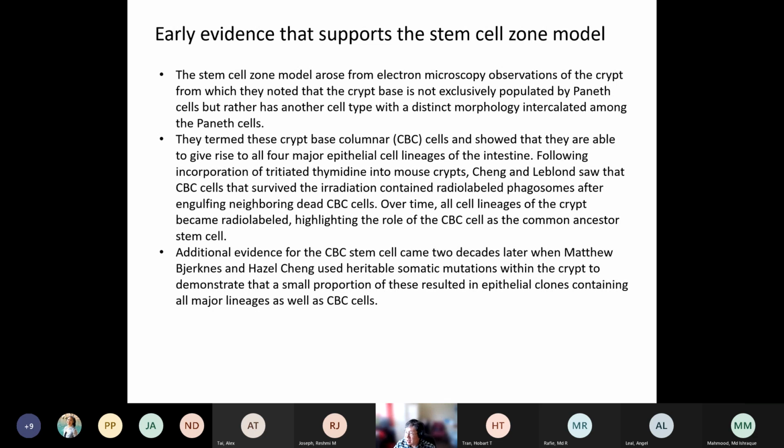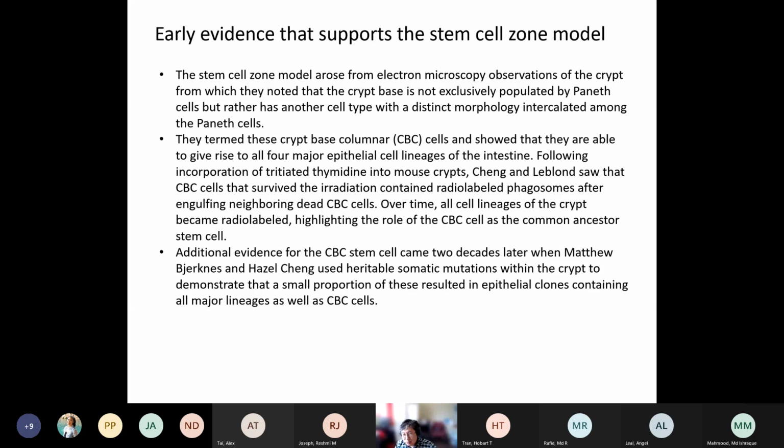So a lot of the columnar cells are killed, but some columnar cells survived. And then they observed morphologically that those surviving cells were using phagosomes. Phagosomes is engulfing, right, of the neighboring dead cells. So the live cells engulfed the dead cells, but because that's a radioisotope, once they engulf other cells, they get labeled as well.